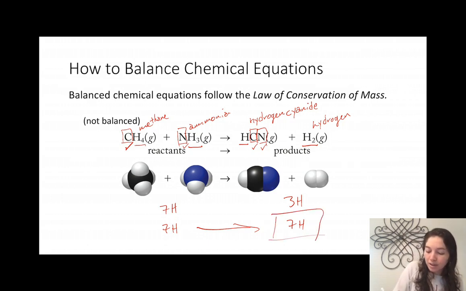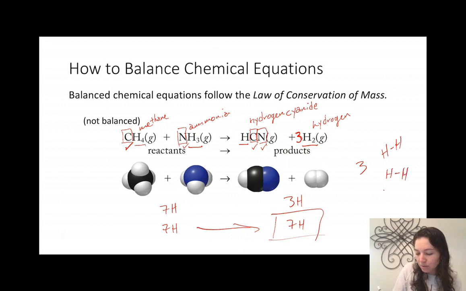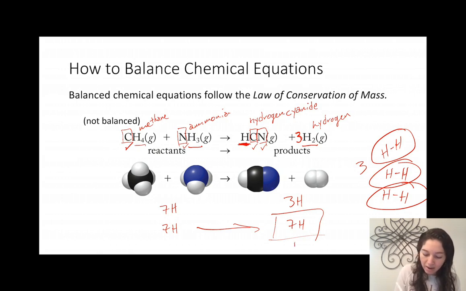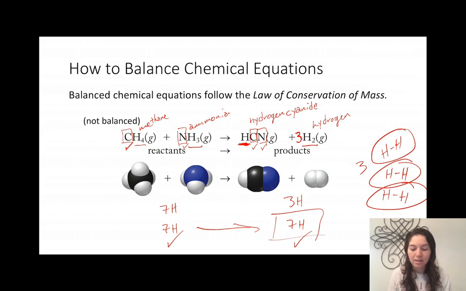So what we can do here is put a 3 right in front of this hydrogen, which is going to mean that we have 3 of our hydrogen molecules. Thus, we have 2, 4, 6 hydrogens plus this one here gives us 7 total. So now this chemical equation is balanced because we have 7 hydrogens on both sides of the chemical equation.